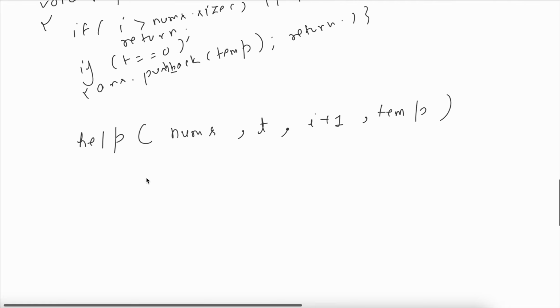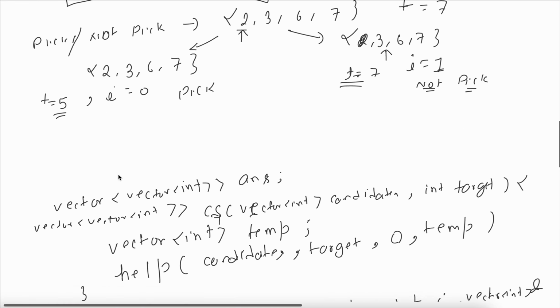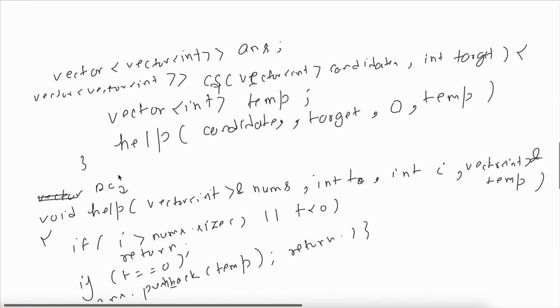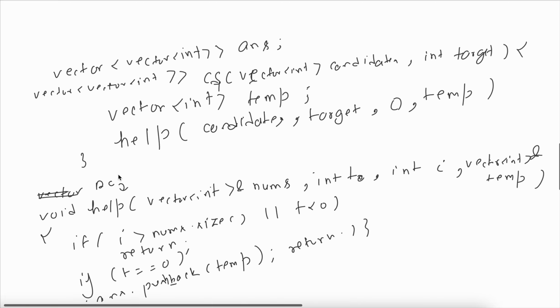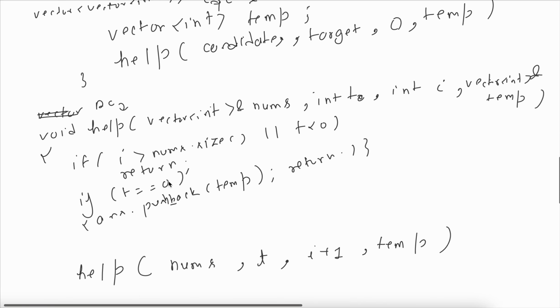Now let's say we decided to pick that element, what do we have to check? You don't need to check because you have added the base case. If the target is 0, then it would return. But still, why call this? Why go to that level?